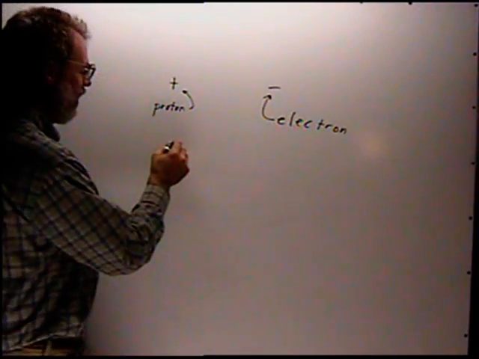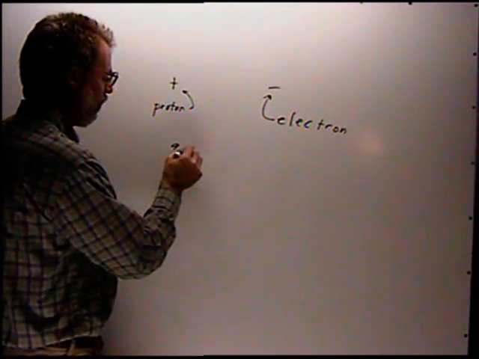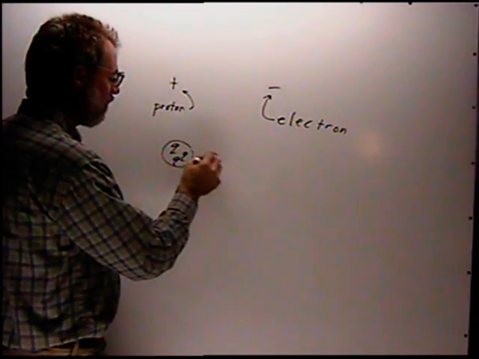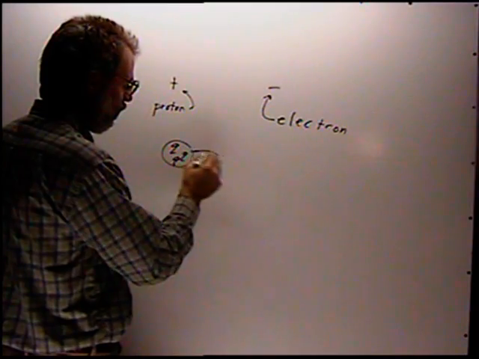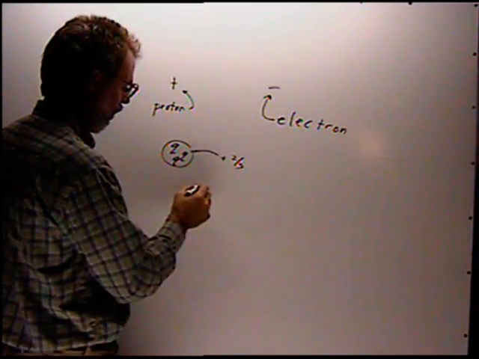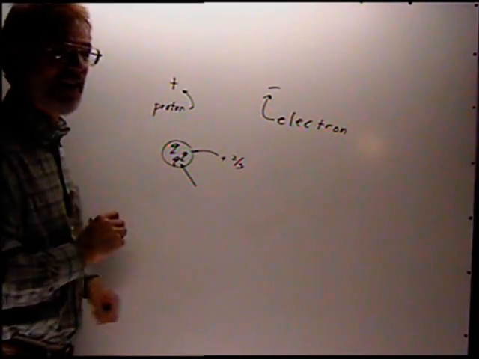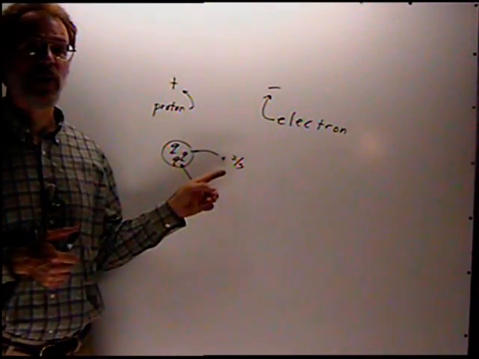We now know that a proton is made up of 3 individual quarks, and each individual quark has a charge like +2/3. So it turns out you can subdivide these charges even more.